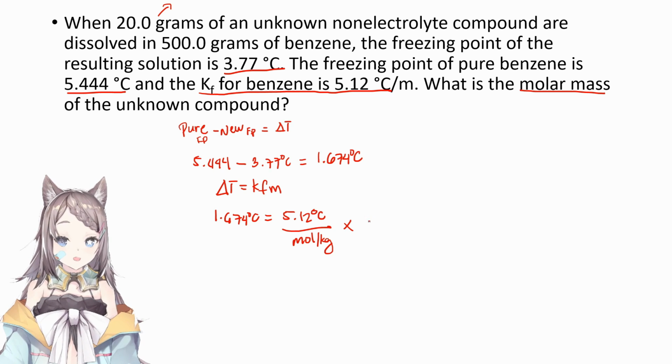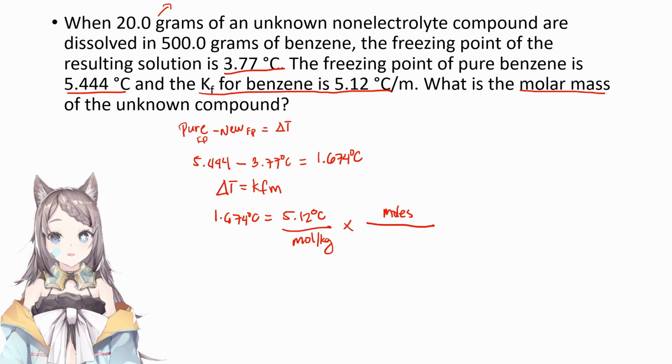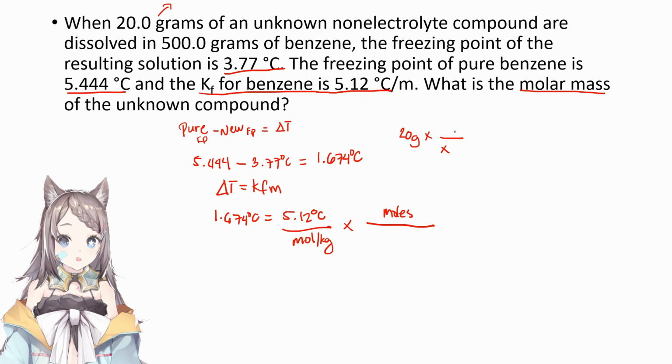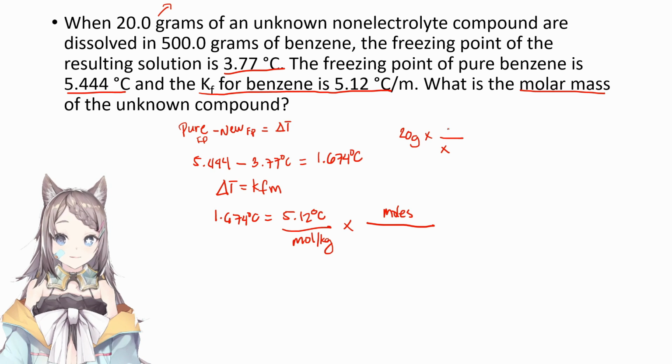So our molality is actually lacking. However, we can substitute moles per kilogram. We are solving for moles, so it is easier. An alternative would be 20 grams times x over 1 mole. This is the alternative.